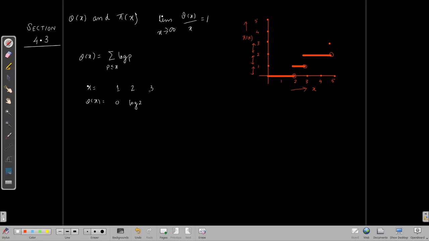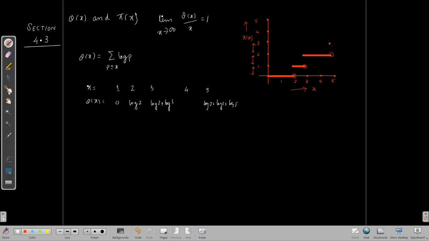At the point 3 we have log 2 plus log 3. At the point 4 we have the same value, log 2 plus log 3, and at the point 5 we have log 2 plus log 3 plus log 5.